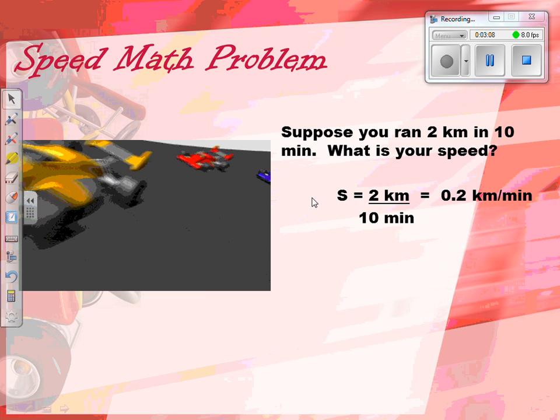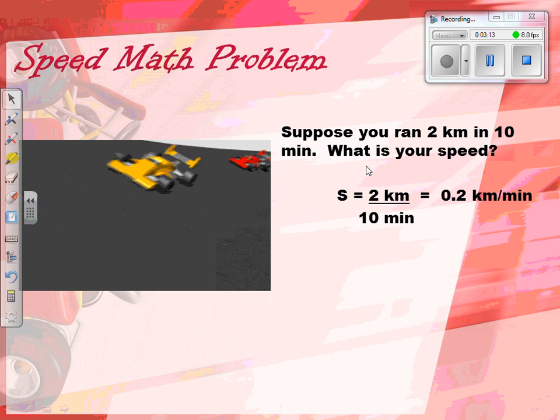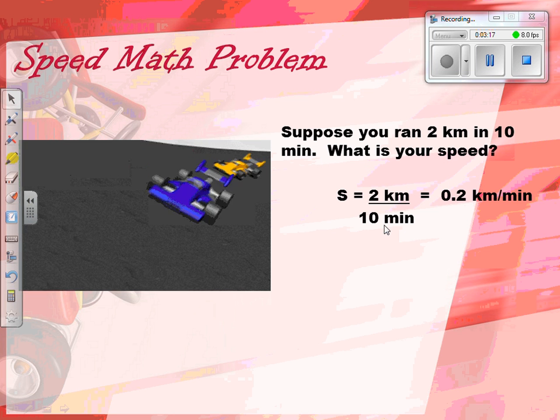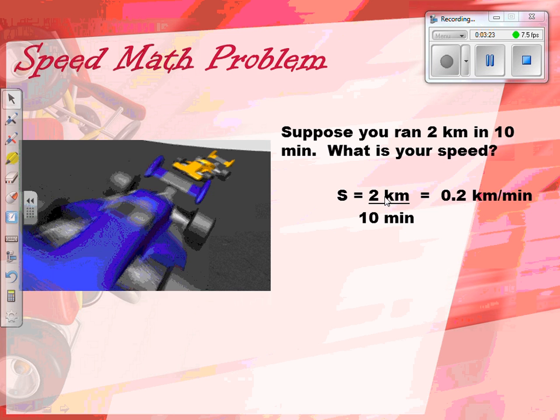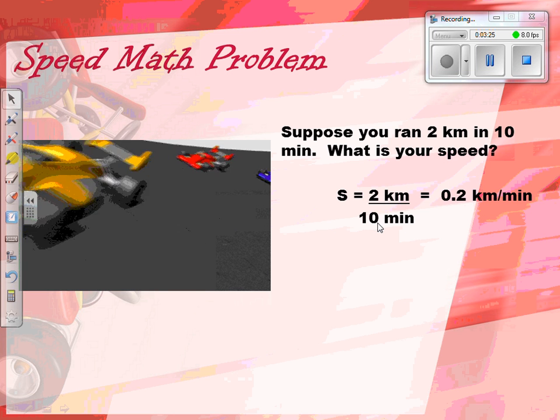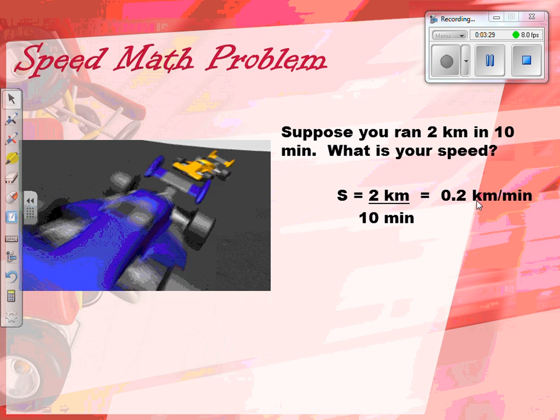So here's another example. Suppose you ran 2 kilometers in 10 minutes. What is your speed? Well, the distance was 2 kilometers. The time it took was 10 minutes. So 2 divided by 10 is 0.2 kilometers per minute.